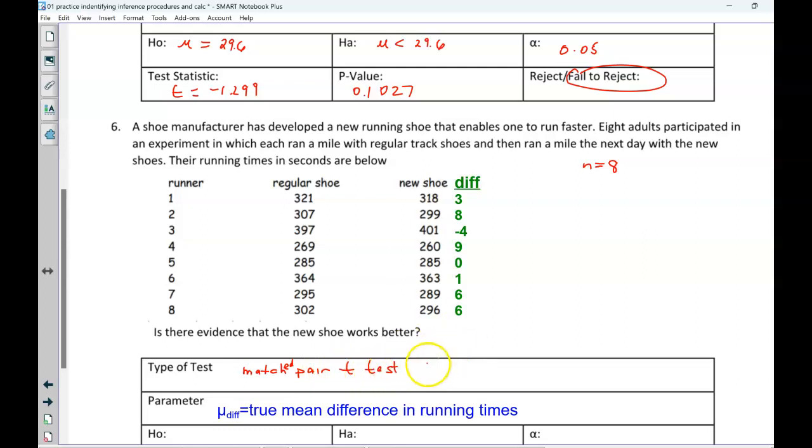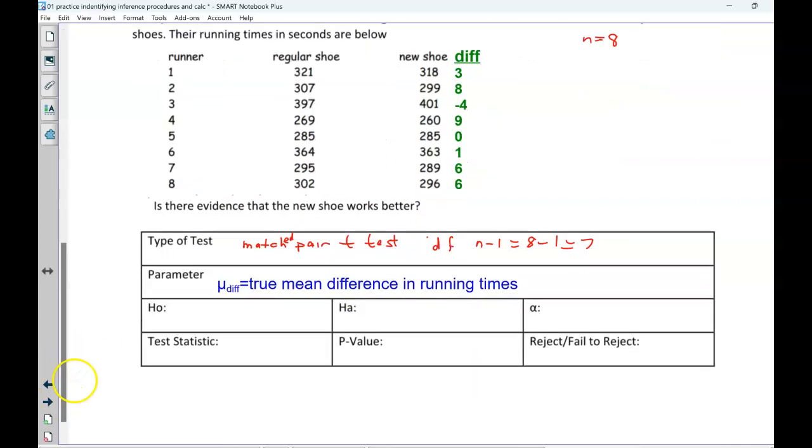And the degrees of freedom would be 8 minus 1, or 7. So mu diff is the true mean difference in running times, and you assume there's no difference, but you're assuming that it's faster.